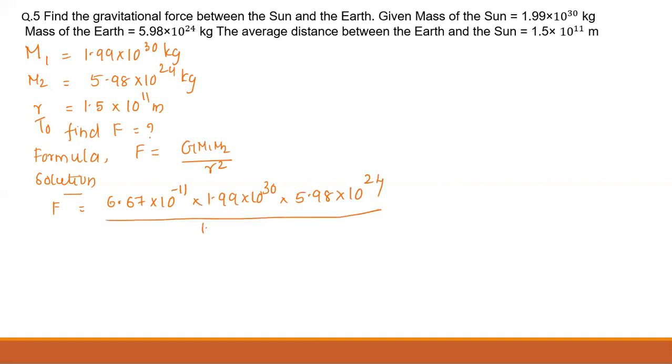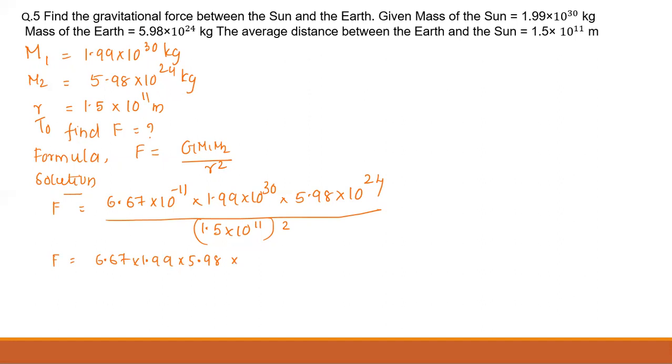R is 1.5 into 10 raised to 11, the whole square will come. Okay, that is F is equal to 6.67 into 1.99 into 5.98 into 10 raised to minus 11.